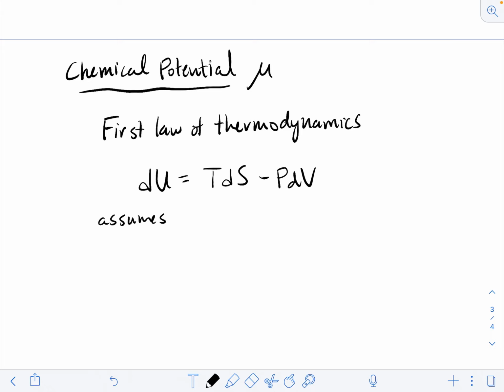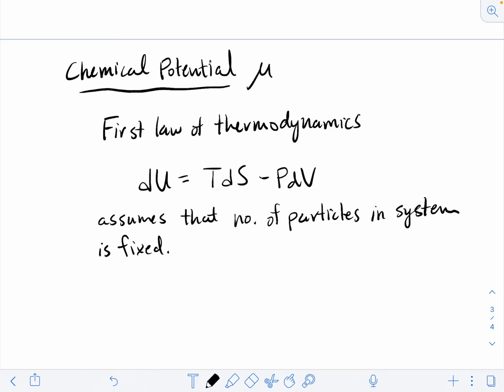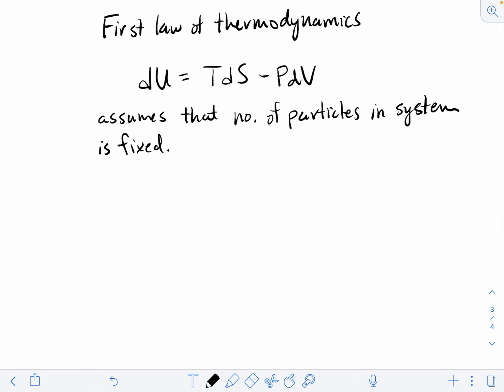When we write it in this way, this law implicitly assumes that the number of particles in whatever system we're thinking about is fixed. That's often a good assumption if you had a gas in a closed container.